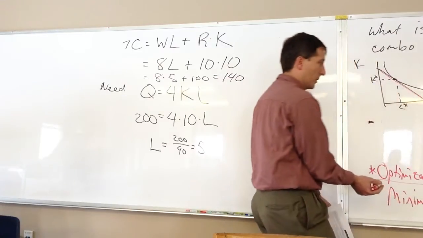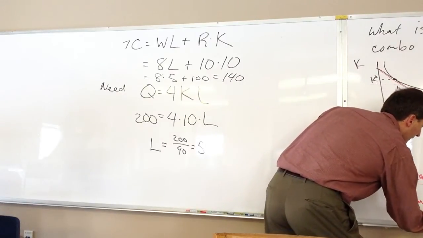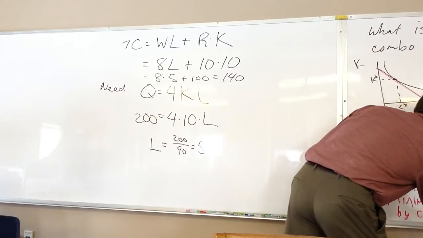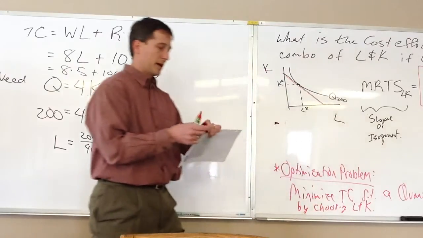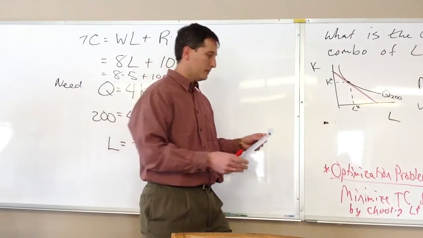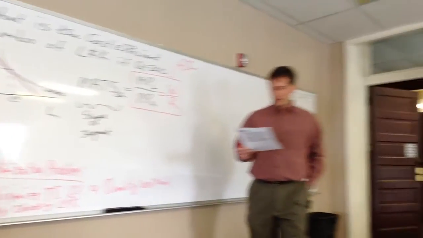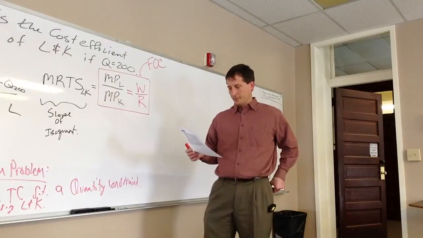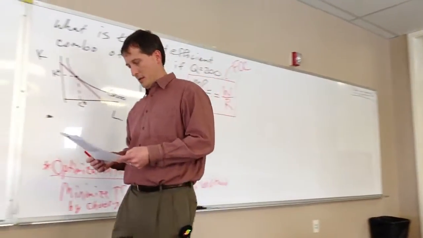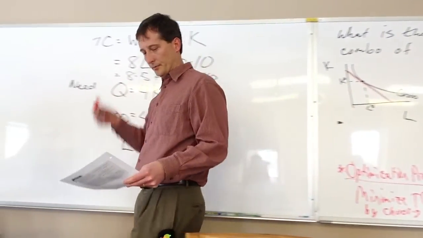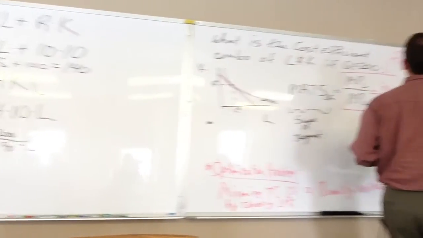So minimize total cost subject to a quantity constraint by choosing L and K. My choice variables, the quantity of labor and the quantity of capital. All right, so back to this problem. Looks like we've got an 8 and a 10 here.